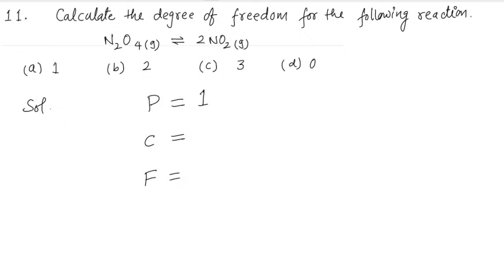And then degree of freedom. Yes, phase 1 and components. Answer C. Wow. Component is also 1. How many components are there? I think degree of freedom is not equal to 3.